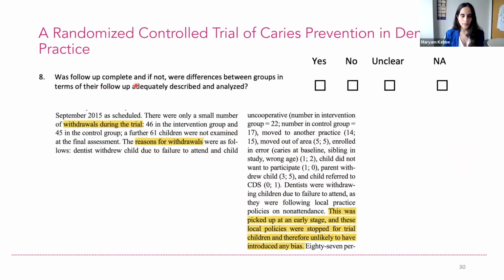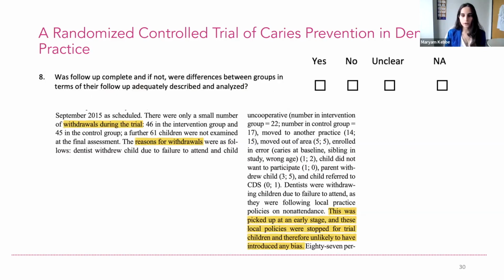Was follow-up complete? And if not, were differences between groups in terms of their follow-up adequately described and analyzed? So keep in mind that for this question, this is not about intent to treat analysis. This is referring to the loss to follow-up.